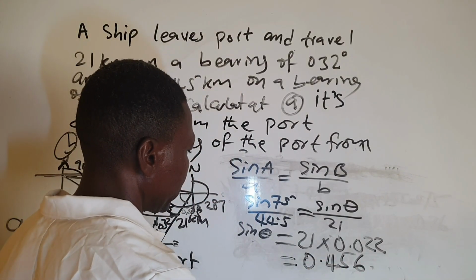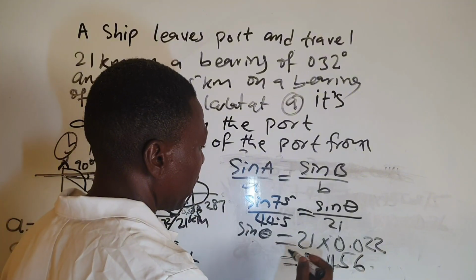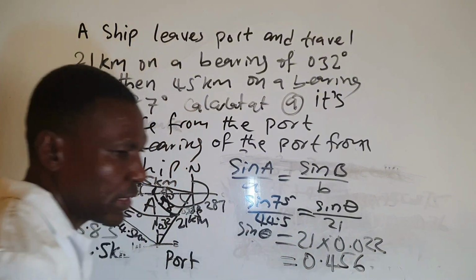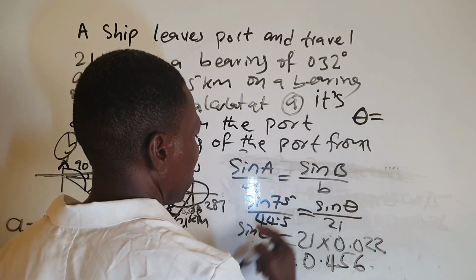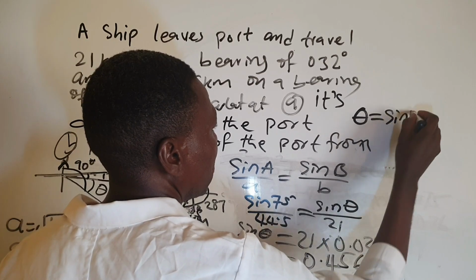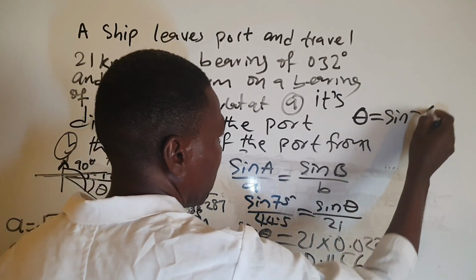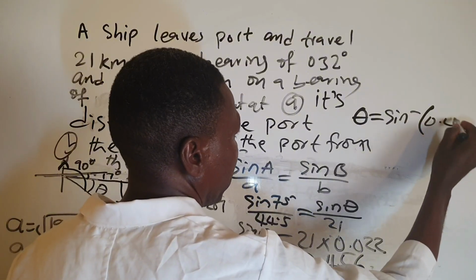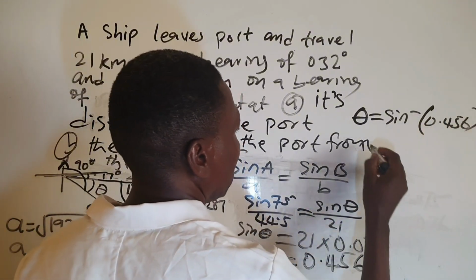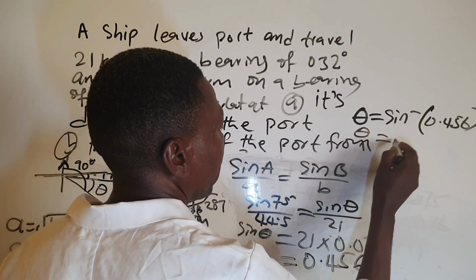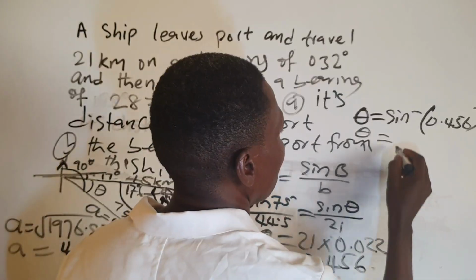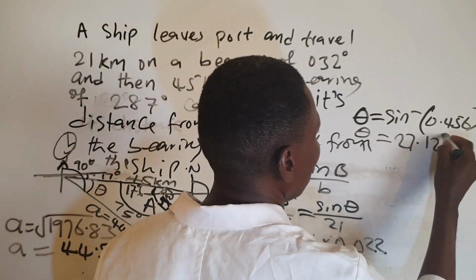Now looking for theta, we are finding theta equals to sine inverse, making theta subject of formula because that's what we are looking for. Now the sine inverse of 0.456 will be 27.12 degrees.